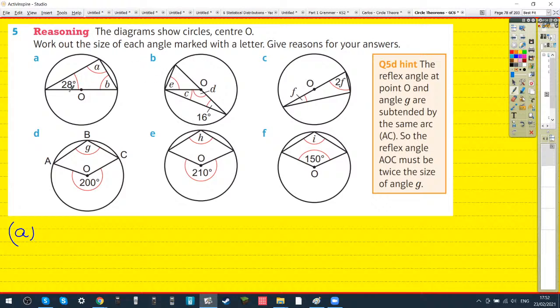So this one at O is 180. So you have to take 20 away from 180.